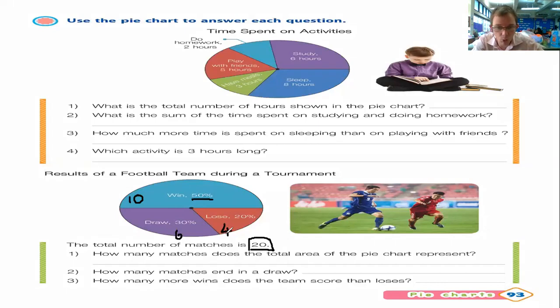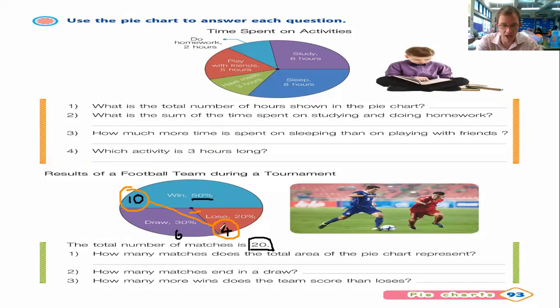So how many more wins does the team score than losses? You can tell me. Very straightforward over here. We take our 10 wins and we minus 4 losses.